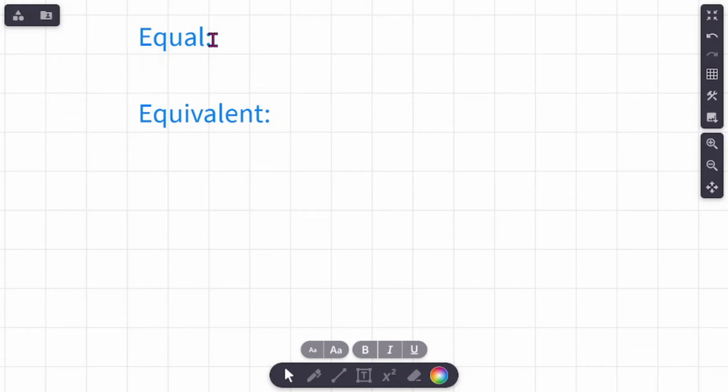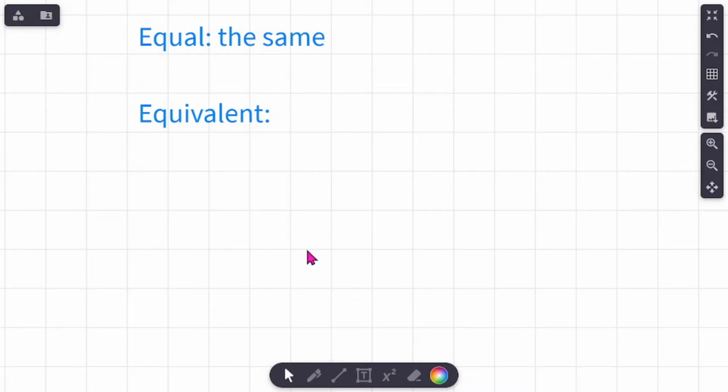My first question for you today is, what does this word here mean? Okay. What does this word equal mean? You've heard this word ever since really you were probably in preschool, the word equal. And the word equal, the best way to kind of say it is it means the same. Okay, it means the same.